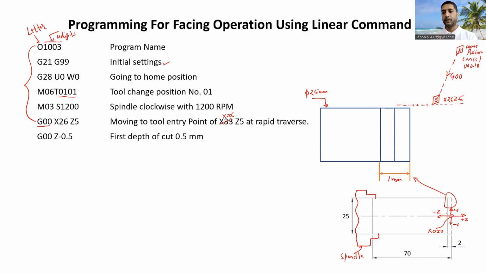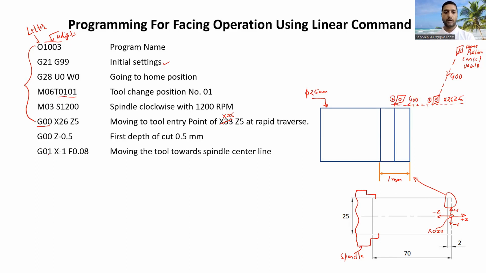If we move from this point towards the spindle, it will be our negative Z movement. So Z-0.5 will be at this particular location. We are moving the cutting tool from location number 1 to location number 2 with the rapid traverse.